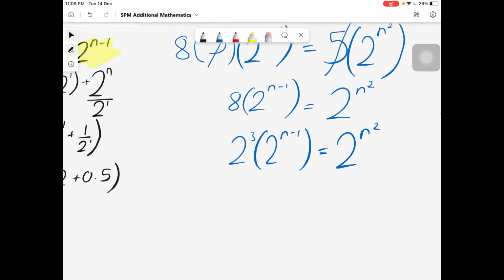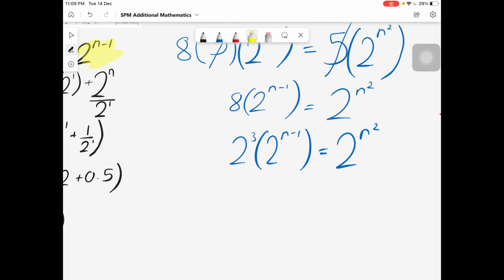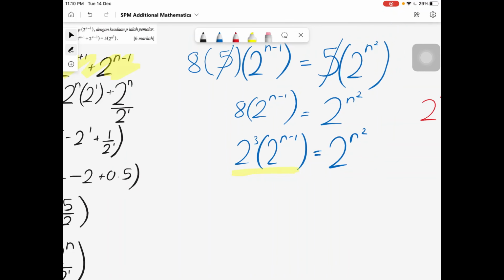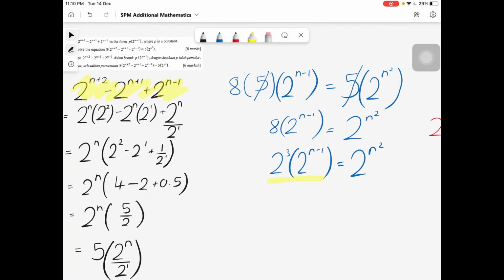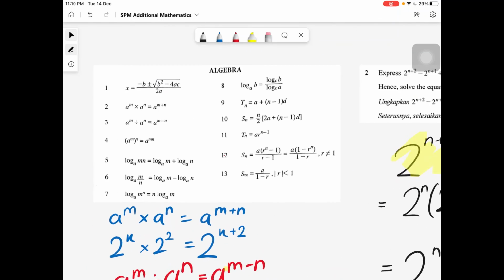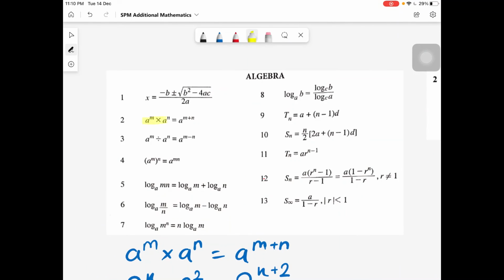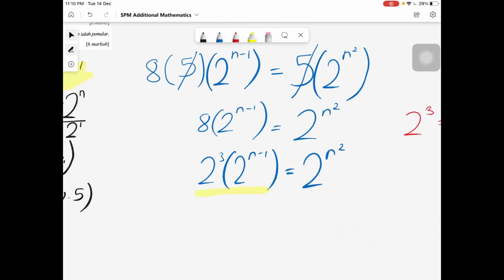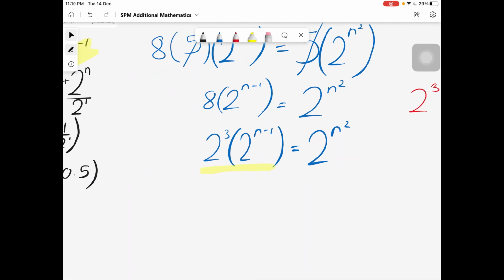After that, we can see we are multiplying. We have the same base, the base 2, and we want to multiply. So we have to look at the equation and refer to this one, multiplication, right? And we have done this throughout the question. So if that is the case, to multiply this, I need to add the powers, right?